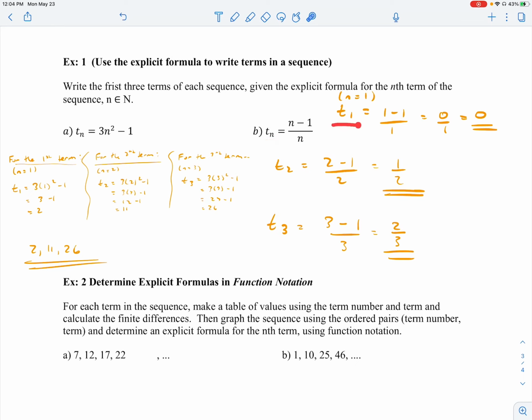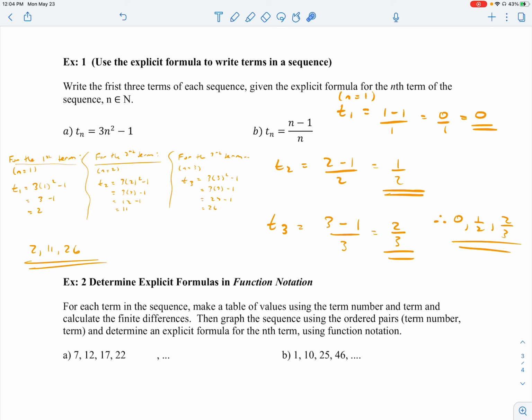So we can easily see first term is 0. Second term is a half. Third term is 2 over 3. Just going to write these out. 0, a half, 2/3. And that pattern can keep going on too.